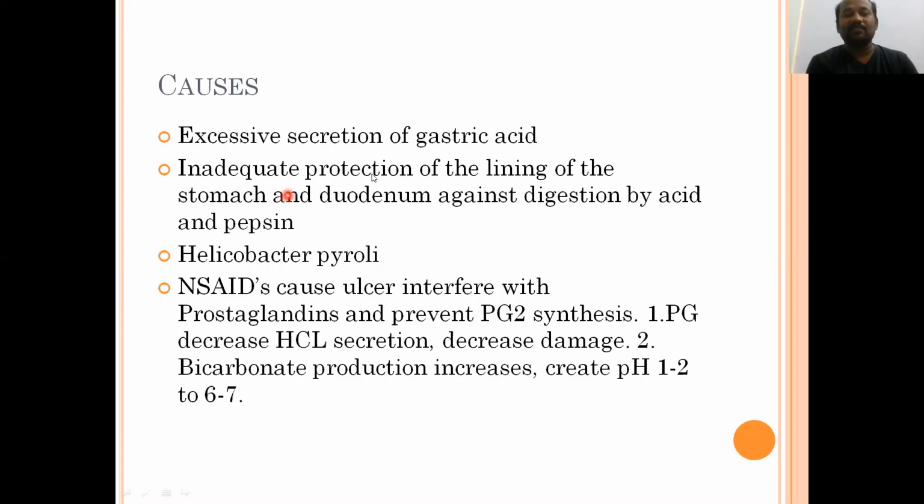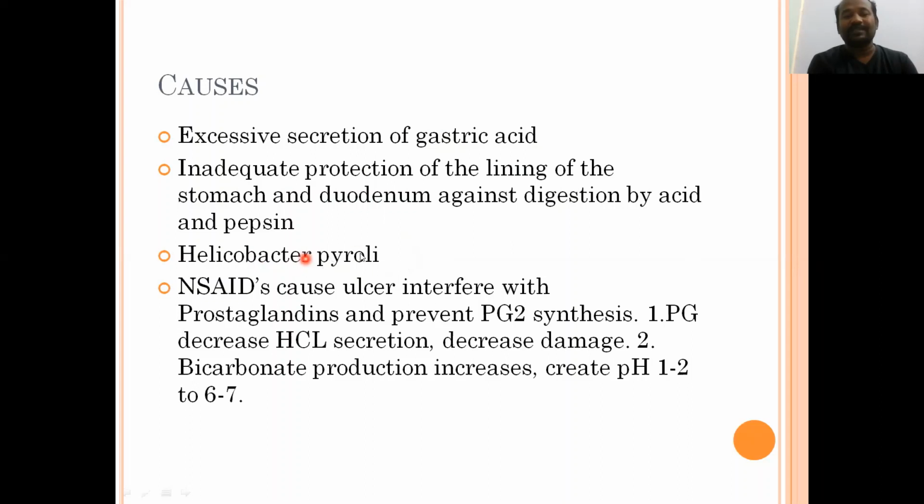Then there is inadequate protection of the lining of the stomach and duodenum against digestion by acid and pepsin, followed by Helicobacter pylori infection. This Helicobacter pylori is very important in peptic ulcer disease, since it is the main cause of the disease.